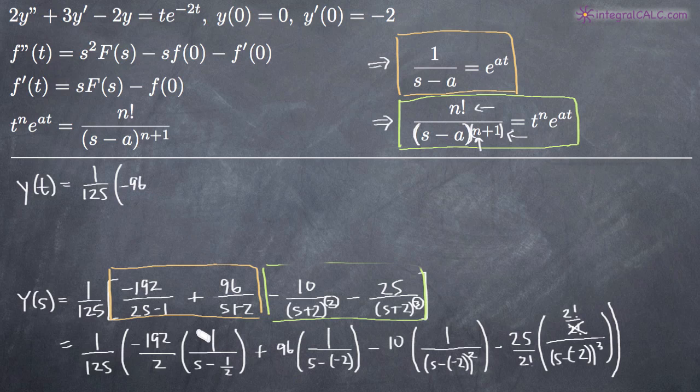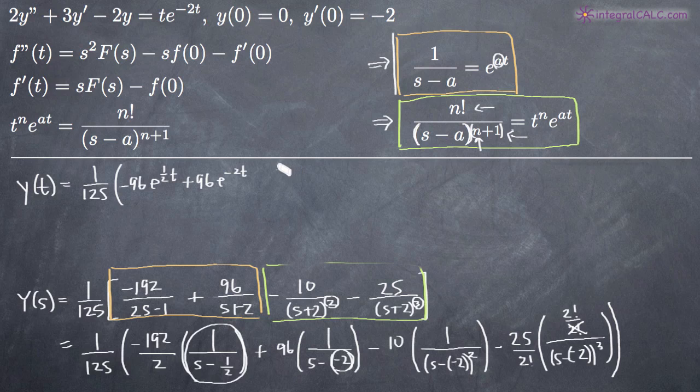And our formula tells us that this part here, that we've set up 1 over s minus 1/2 in the same format as this formula here, 1 over s minus a, it tells us that a is equal to 1/2. So we're going to convert that 1 over s minus 1/2 to e to the 1/2 t. So we'll get e to the 1/2 times t. Then similarly, we're going to have plus 96 times e to the negative 2t.